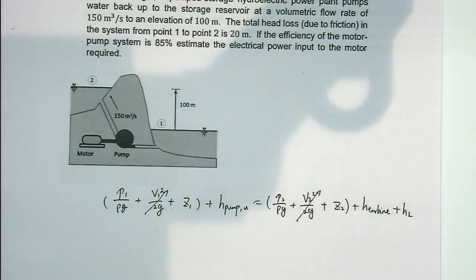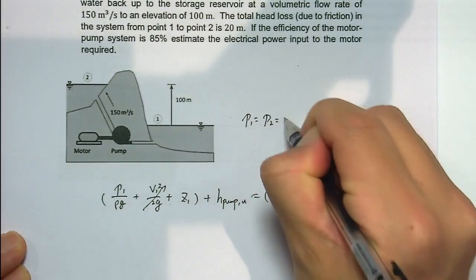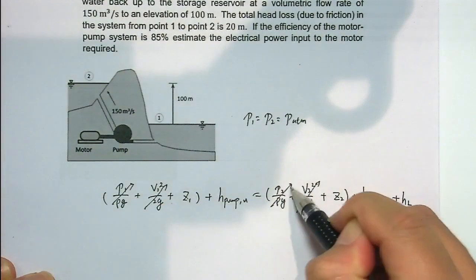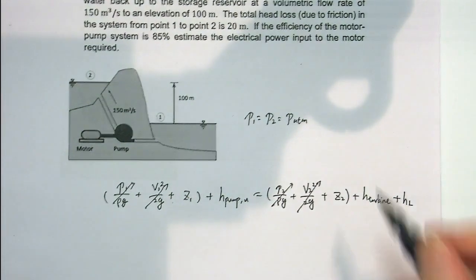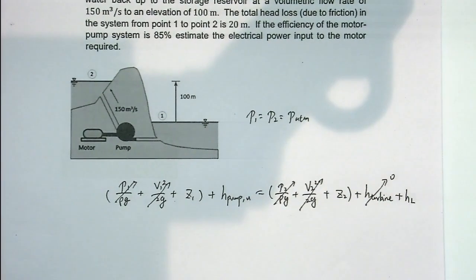And also P1 and P2 on the surface are both linked to the atmosphere. So P1 is equal to P2, which is equal to atmosphere pressure, so those 2 terms are the same. And then there's no turbine, so the turbine work is 0.